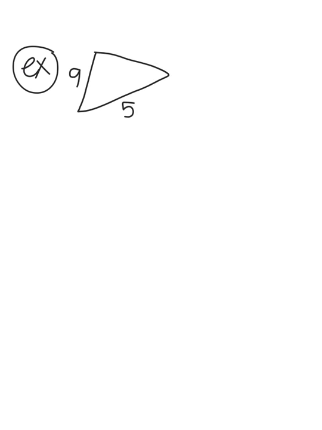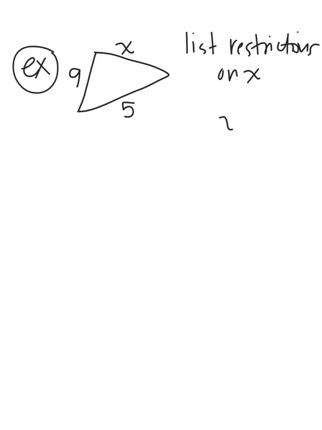All right, so let's do a quick example. In this quick example, I'm just going to show you how to use that little shortcut we talked about. So here I have three sides. One of them is 9, one of them is 5, one of them is x. If I had to list the restrictions on x, I'm just going to use the shortcut here.